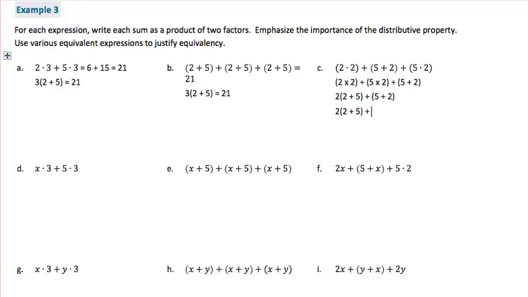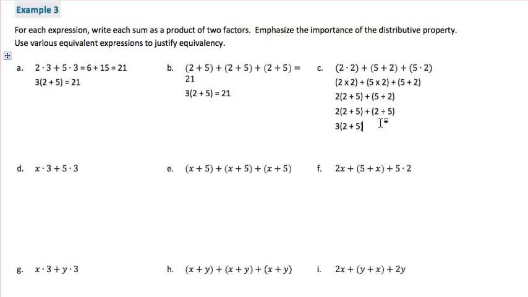We could always change the first one as well, but I'm going to change the second parentheses term into 2 plus 5. So now we have 2 times (2 plus 5) plus another (2 plus 5). And that's actually 3 times (2 plus 5): 2 of those and then one more.